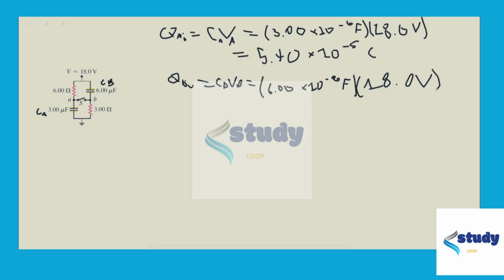Significant figures are very important. That's equal to 6 times 10 to the minus 6 times 18, which gives you 1.08 times 10 to the minus 4 coulombs.